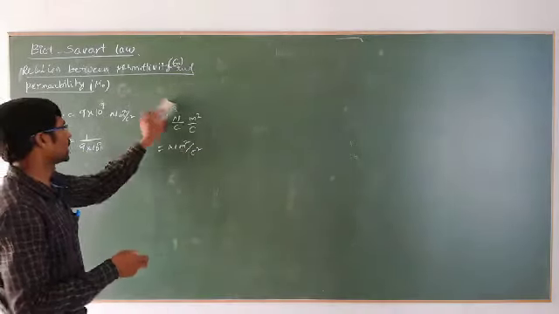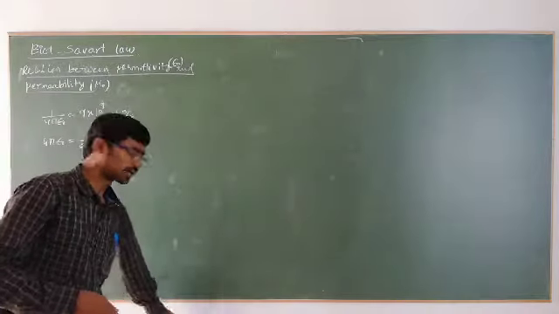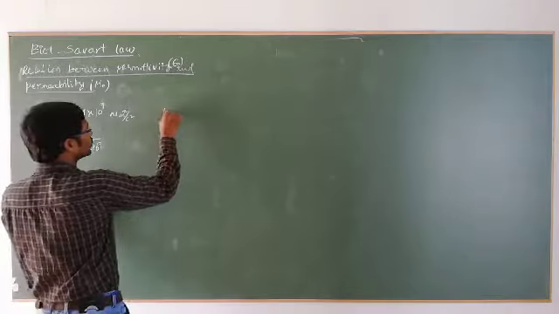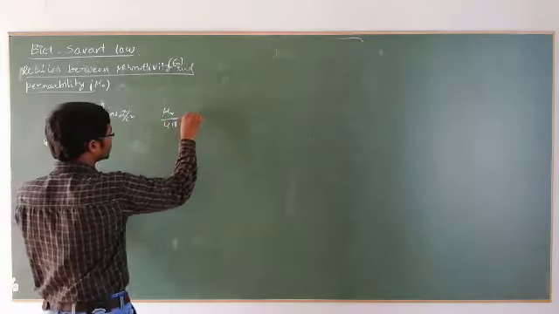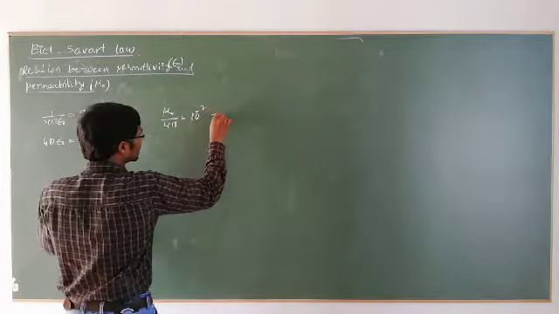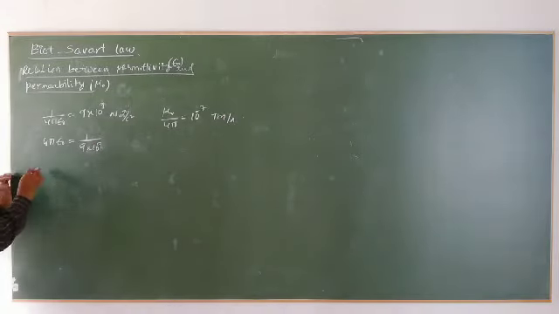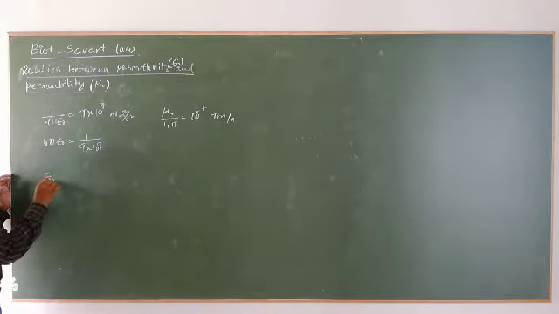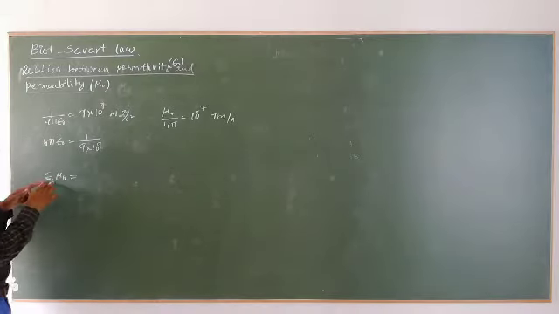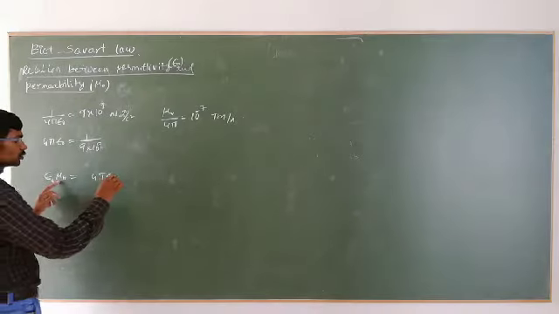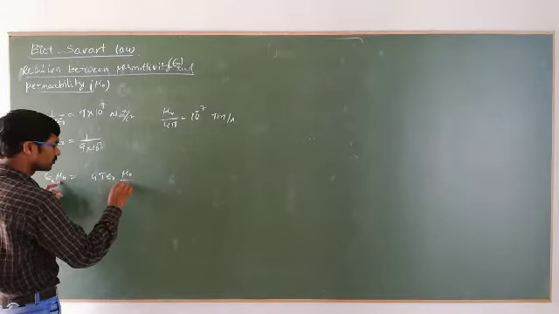Now we have discussed already the mu naught value. What is the mu naught value? Mu naught by 4 pi is 10 power minus 7 Tesla meter per ampere. So let me multiply. What do we get? Epsilon naught into mu naught: multiply with 4 pi and divide with 4 pi, that is 4 pi epsilon naught into mu naught by 4 pi.